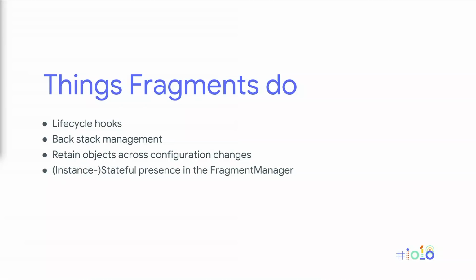And all of them are stored statefully in your fragment manager. That means that the existence of that fragment is actually part of the state of your app. So when your app dies and comes back, that existence in the fragment manager is actually a really important part that, at least from Fragment's perspective, we're going to do on your behalf.